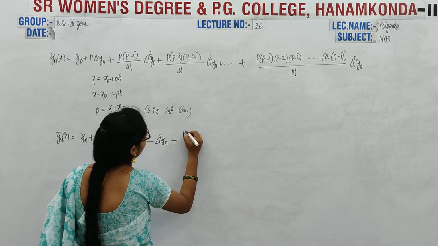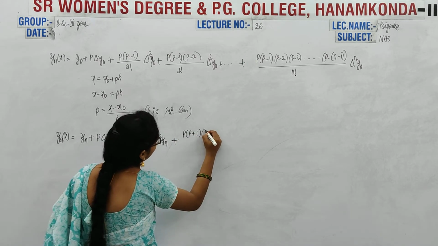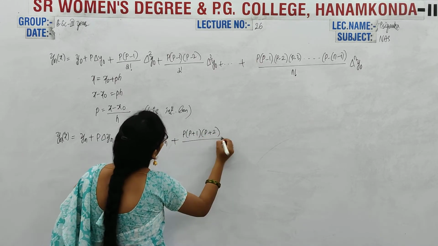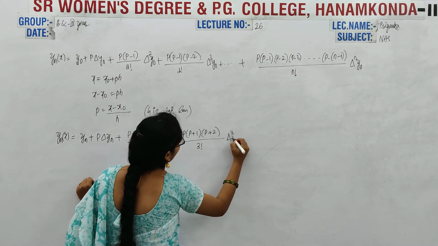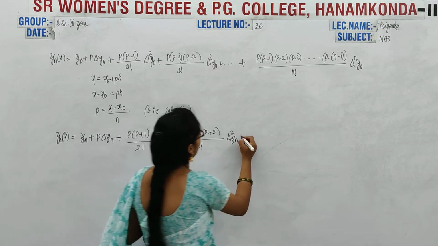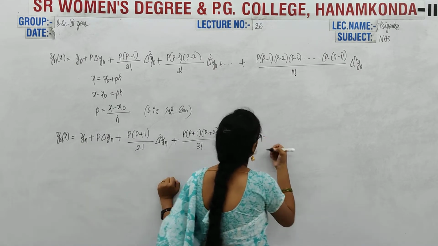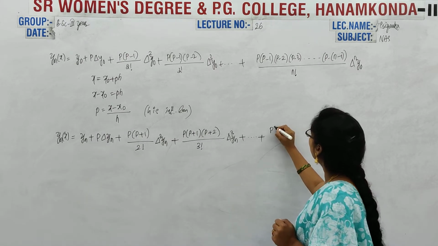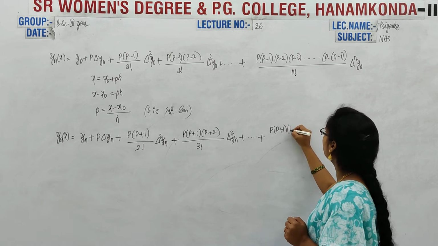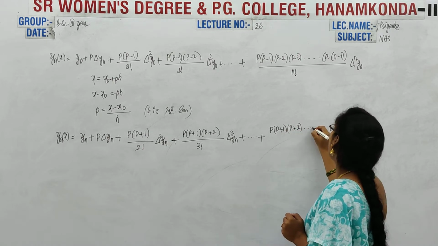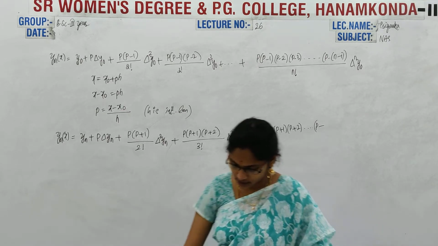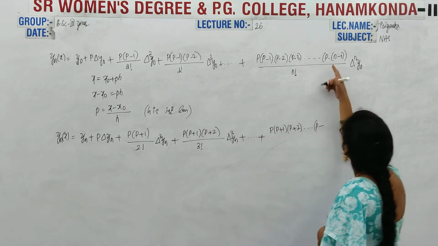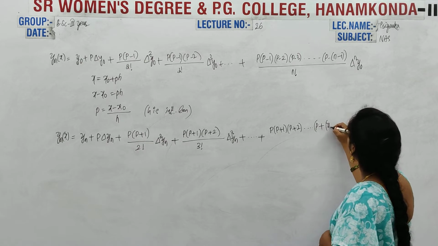Plus p into p plus 1 into p plus 2 by 3 factorial delta cube yn plus so on, and the last term is p into p plus 1 into p plus 2 and so on up to p plus n minus 1.